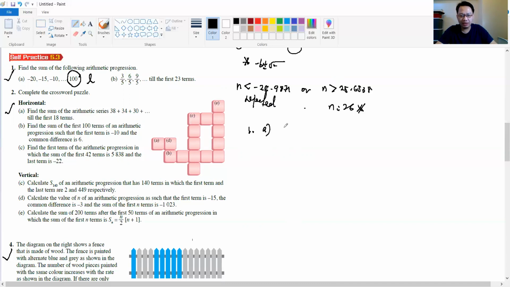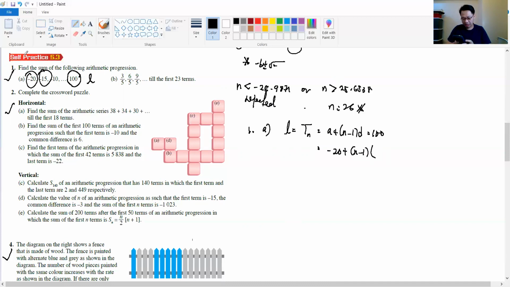What we can do is, we know that the last term equals Tn. I already showed you before we started this topic. Tn is equal to a plus n minus 1 d, which equals 100 here. From here we can substitute a and d. a is negative 20, plus n minus 1. d is how much? d is negative 15 minus negative 20.